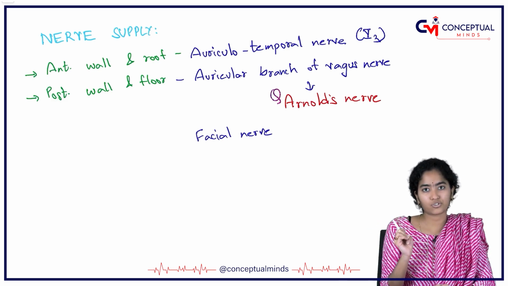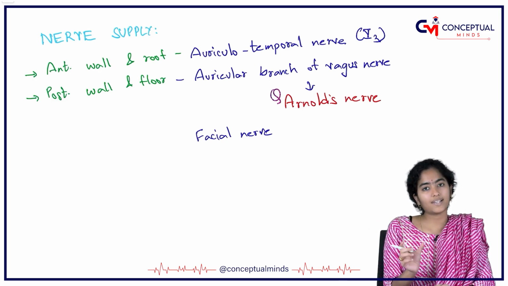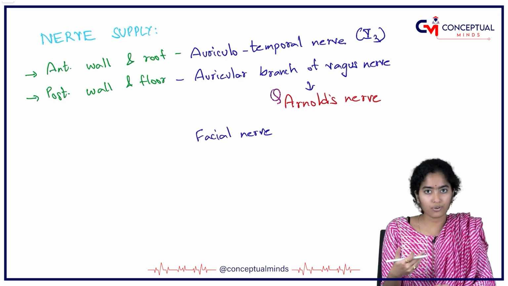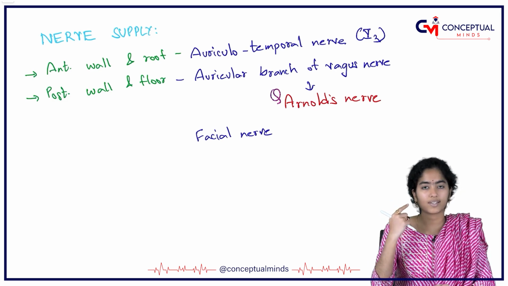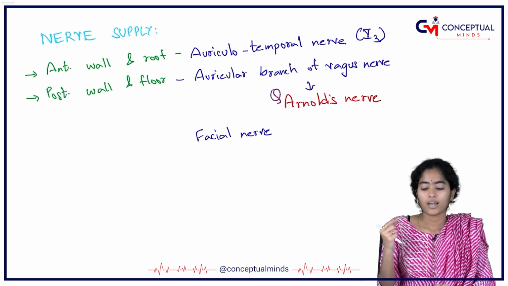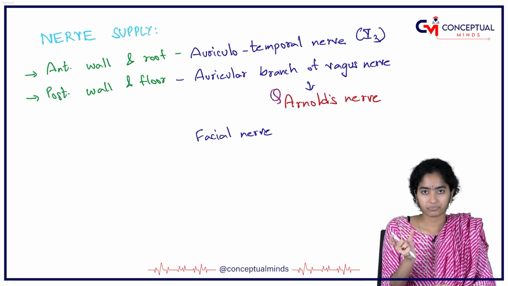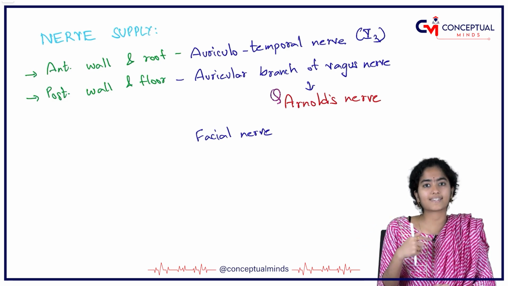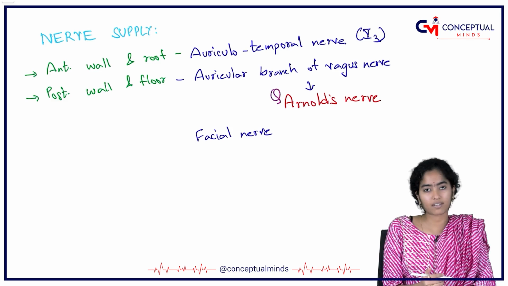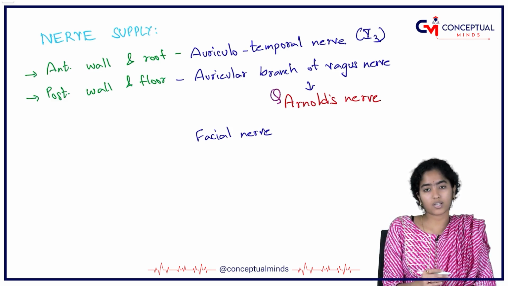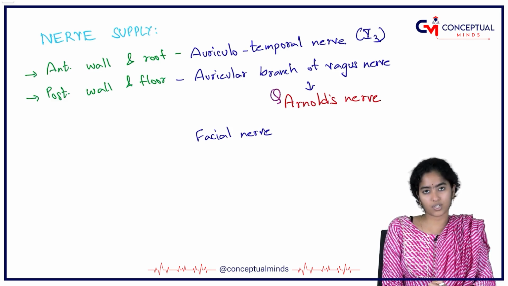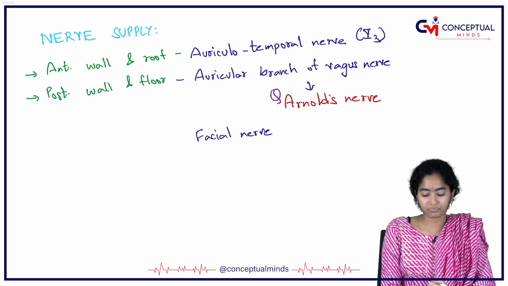And what is the relationship? Because the vagus is the nerve that mediates cough, and it is also supplying this part of the external auditory canal, and this is the connection. Vagus mediates the cough reflex. And sometimes it can also cause other manifestations of vagus stimulation, such as bradycardia, and it can also cause a syncopal attack. This is about the vagus nerve.